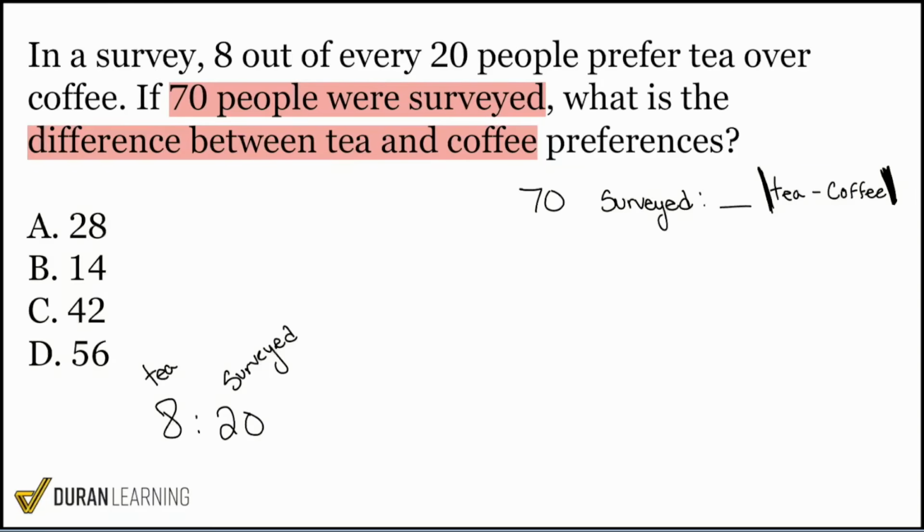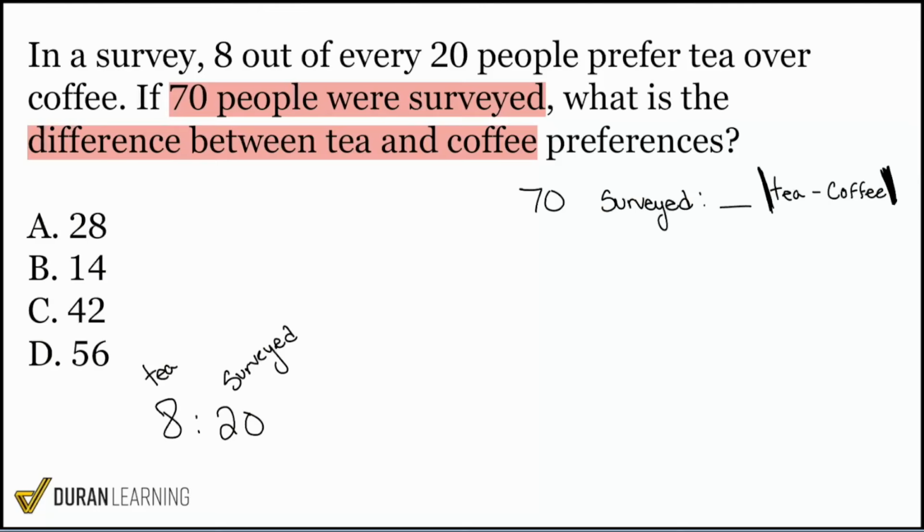The reason is, when we're setting proportions up, we have to compare the same things in the same way. So notice here, we have 70 surveyed compared with the difference between tea and coffee. Those are the two things being compared. I want to see if I can get the ratio part for surveyed and the ratio part for the difference.